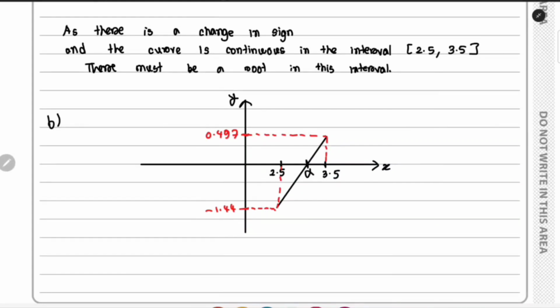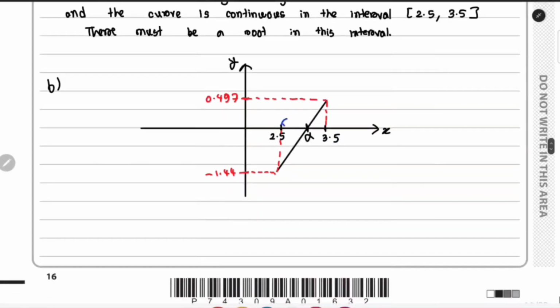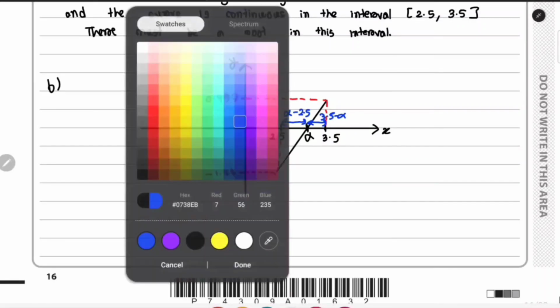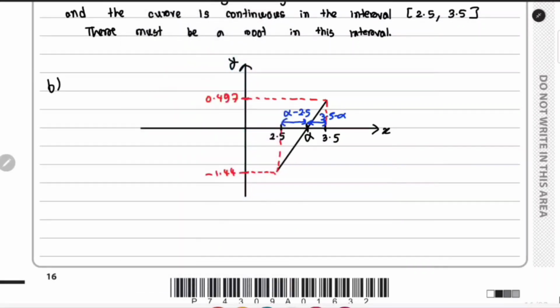This is alpha over here, the root. This part over here would be alpha minus 2.5. This part over here will be 3.5 minus alpha. So if we consider two similar triangles, this will be triangle 1, this will be triangle 2. You can use any convention.